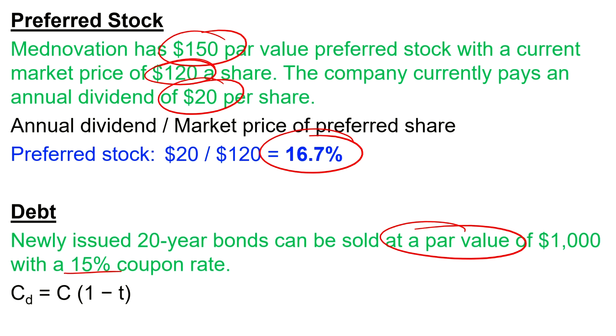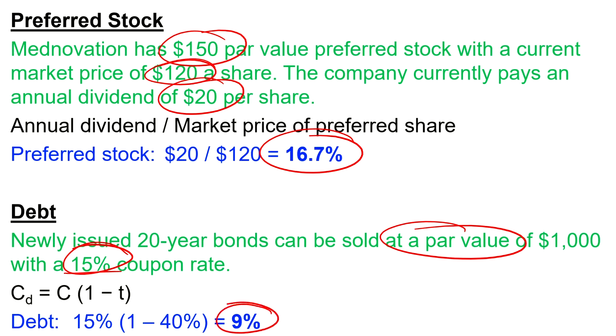So our formula, the cost of the debt is the cost pre-tax multiplied by 1 minus the tax rate. We had the tax rate of 40%. Remember, that was given to us there at the beginning. And so the 15% coupon rate multiplied by 1 minus the 40% tax rate gives us a 9% cost of debt. 20% common stock, 16.7% preferred stock, and 9% is the cost of debt.